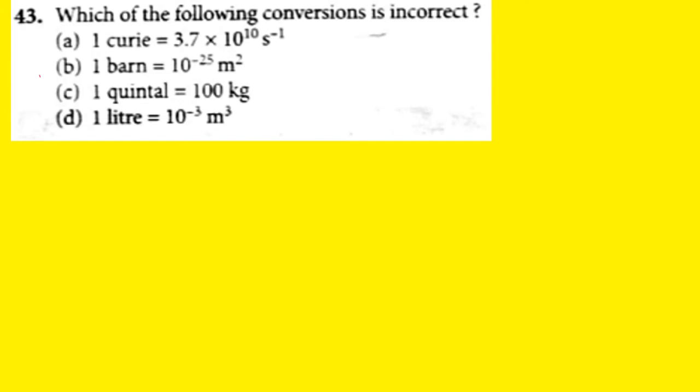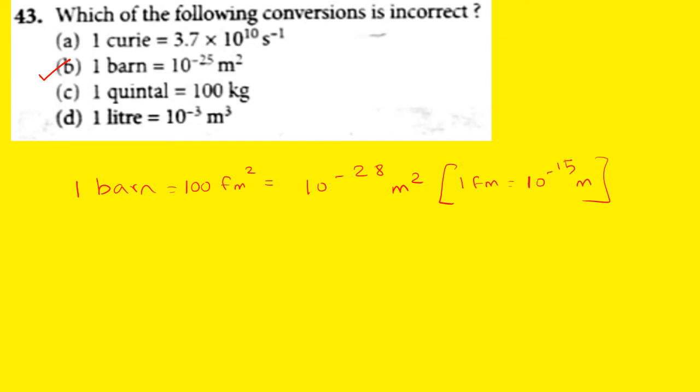So option B is the answer, because 1 barn is 100 Fermi square, which is 10 power minus 28 meter square, because 1 Fermi is 10 power minus 15 meter. So 1 barn is equal to 10 power minus 28 meter squared, but they are giving us 10 power minus 25. So that is the incorrect option.